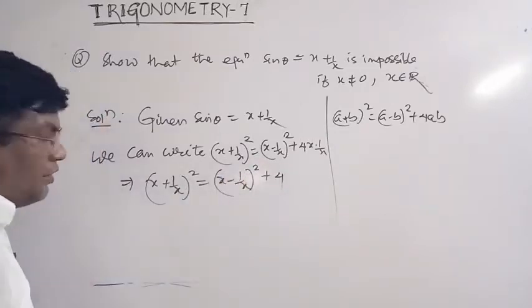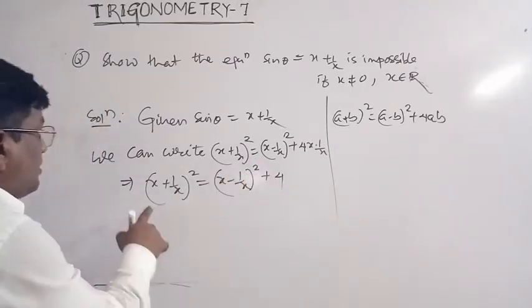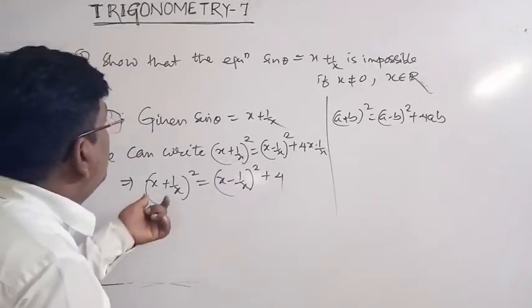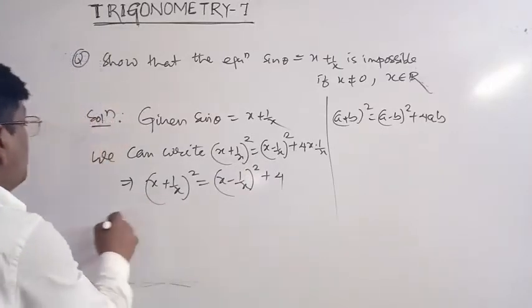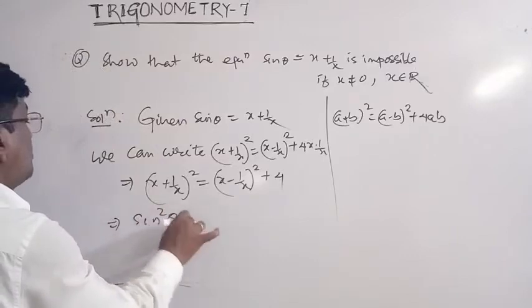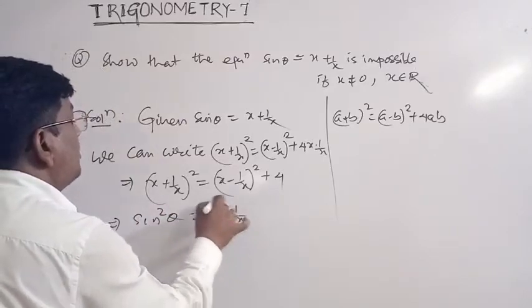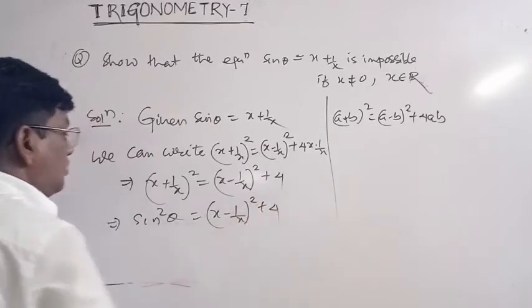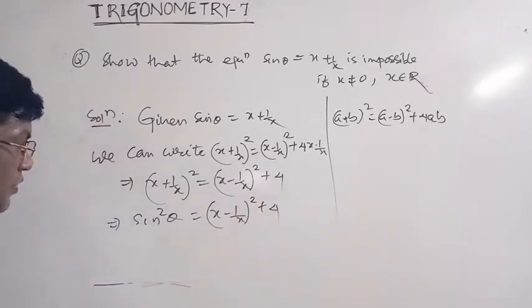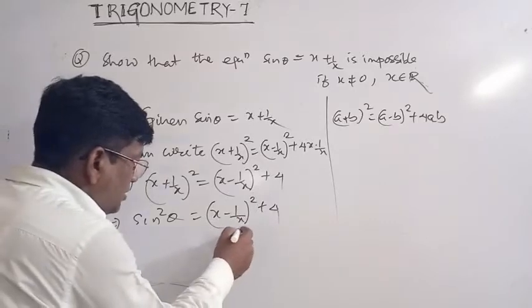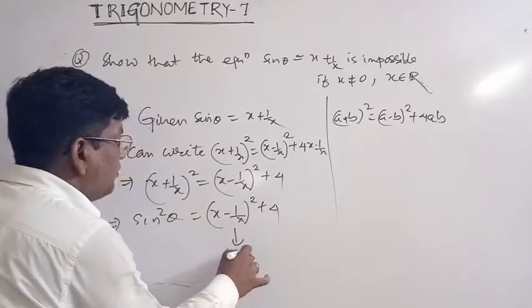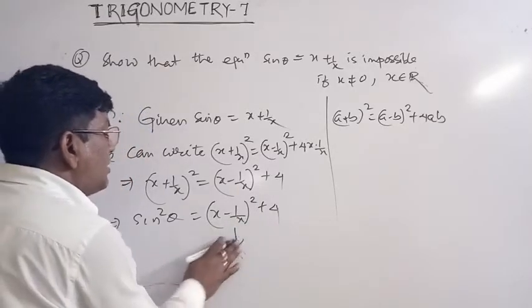Okay. So this is equal to sin theta. So sin square theta is equal to x minus 1 by x whole square plus 4. Okay. So this is always positive, positive or 0, greater than or equal to 0.